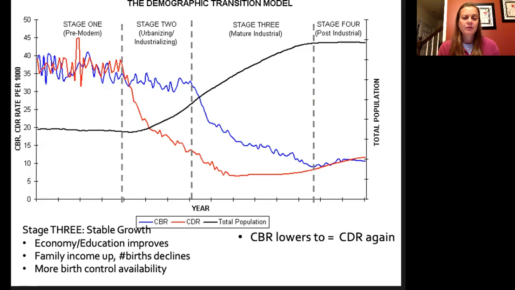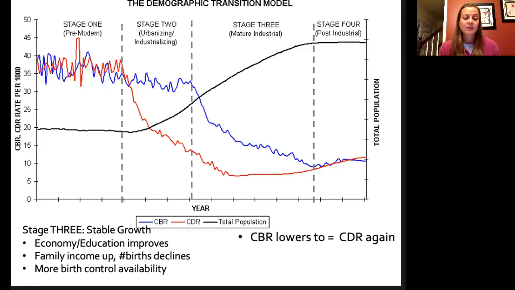Once we reach this mature industrial stage, as family income increases, birth rates decline. Women have better access to education, better access to birth control, more information about the whole process of birth and pregnancy. The need for multiple children is declining, so societal pressure to have multiple children starts to decline, and birth rates start to go down.